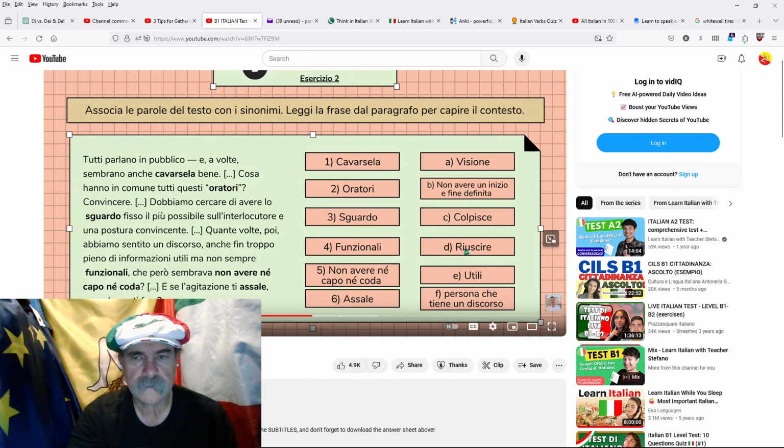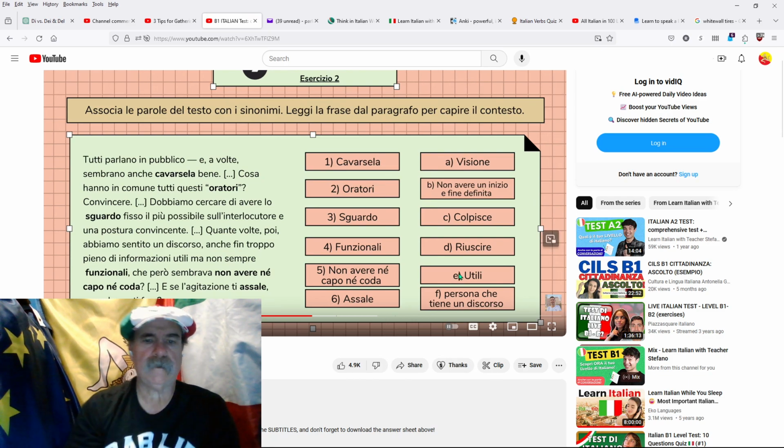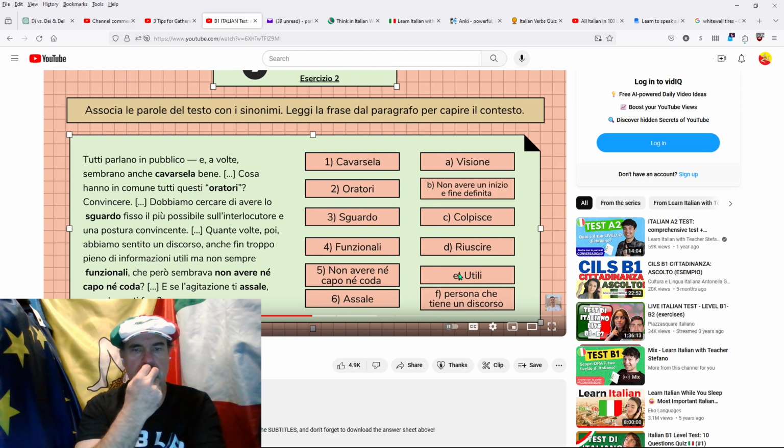Ushiri is to exit, right? Riashiri. Are they related? If they are, well, let's see, I got C and D.